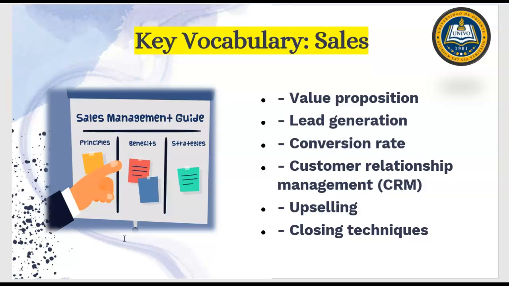Customer relationship management, CRM. The customer needs to have a good relationship with the seller, with the employee in this case. So if you are in this process, you must know the product, you must know what you are offering, you must know everything related to the service you're offering to the customer.